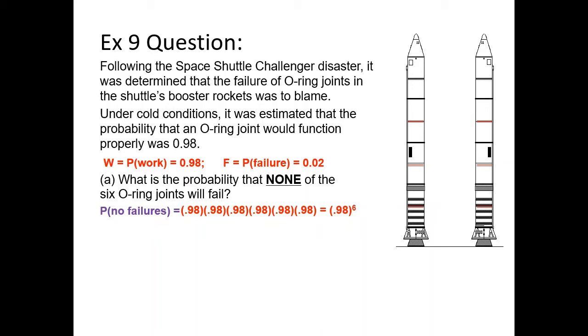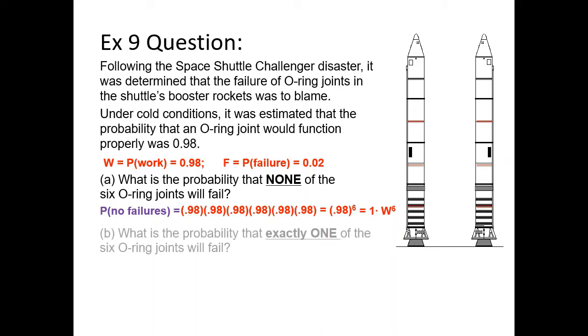We'll see why, but let's think of that as the probability of it working, which is what we're going to call W, capital W. The probability of failure, we'll call that F. So in this case, bear with me why there's a 1 there. It'll make more sense in a second. So we could write this as 1 times W to the 6th power, or W being the probability that an O-ring works. And since there's 6 O-rings, that kind of makes sense.